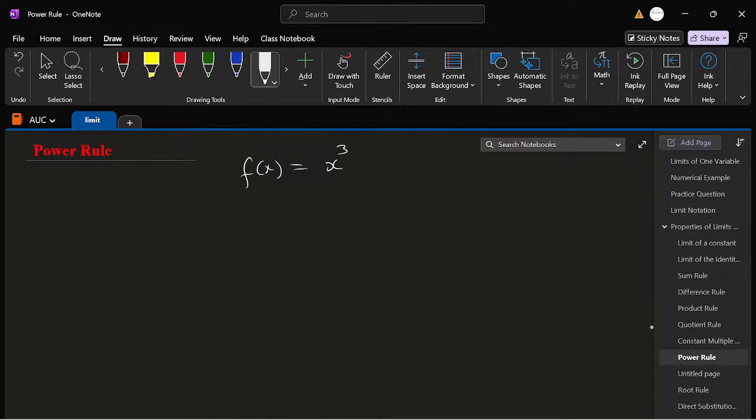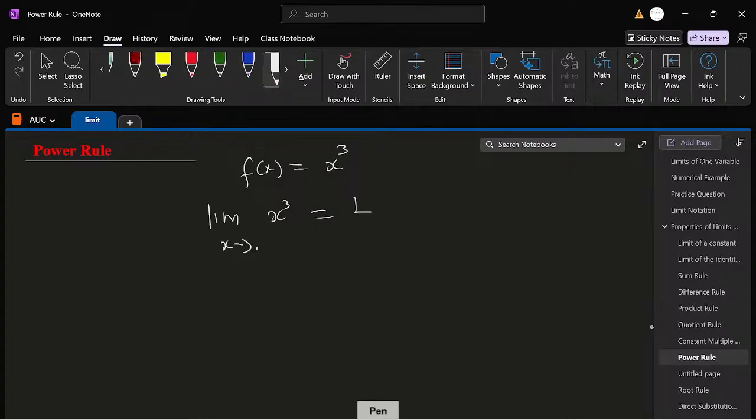If you key this into our standard form, that will be the limit as x approaches a of f of x, in this case x to the power of 3, equal to L. This is an example, so let me just say x to the power of n, as x approaches a, then it will be equal to the limit.